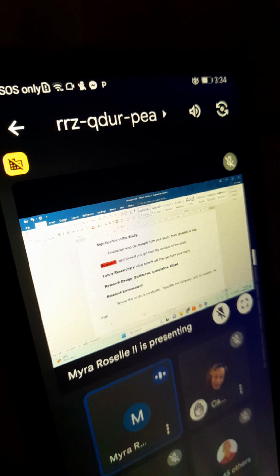So after research environment, you're going to have research respondents. You're going to write here the number of respondents and how they were chosen, randomly or purposively.